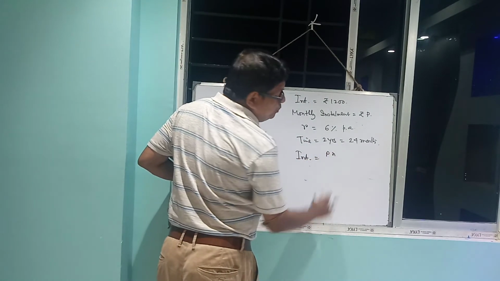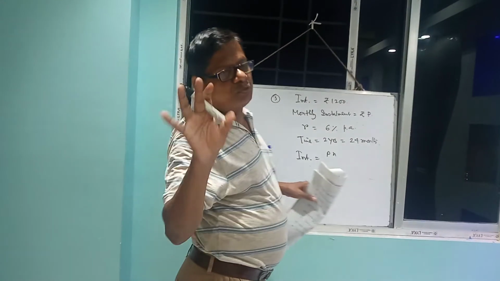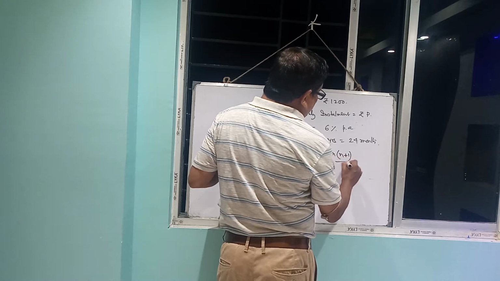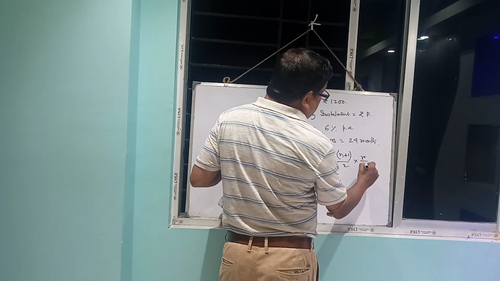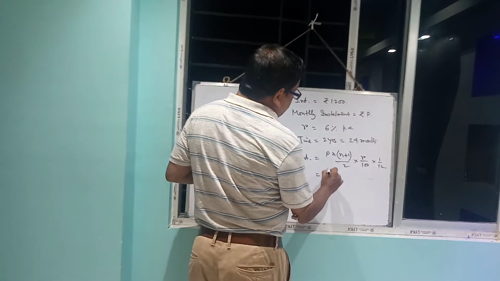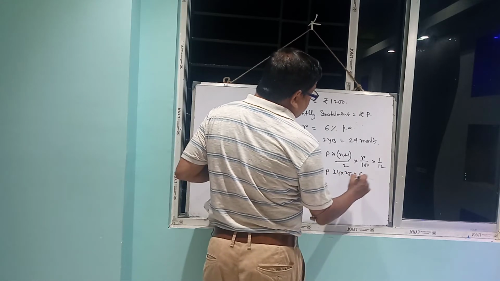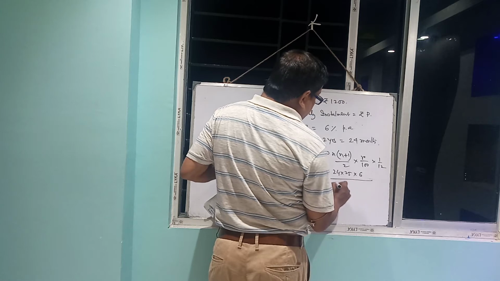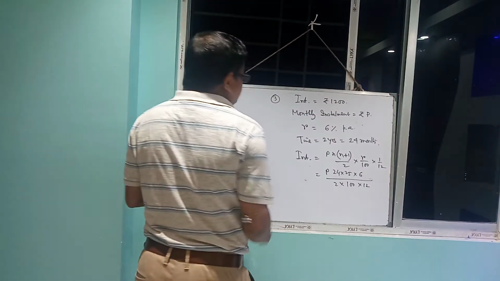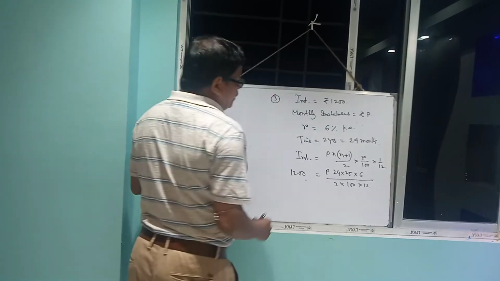Keep in mind, first you have to write the formula. So write P into 24 into 25 into 6 by 2 into 100 into 12. This is given as 1200. So find P.